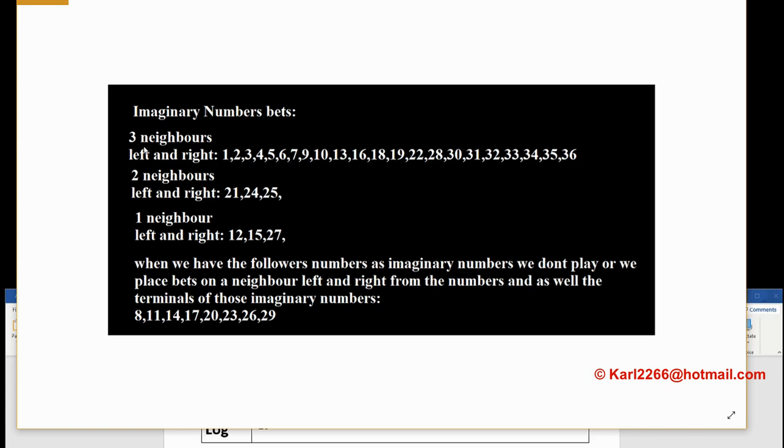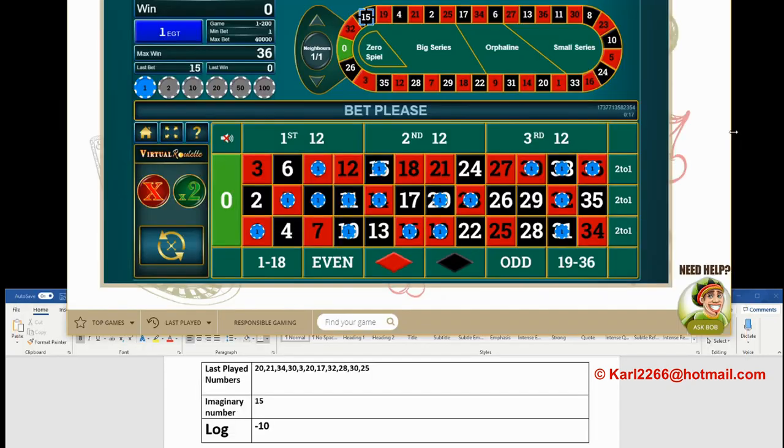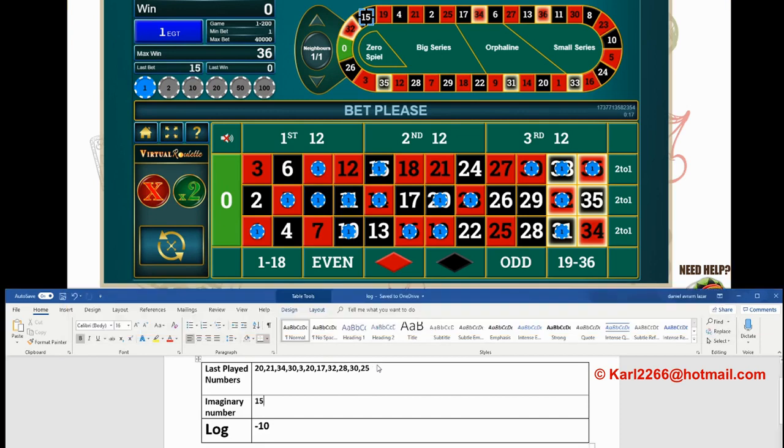So 3 neighbors left and right, you place bets from those numbers. Just 2 neighbors left and right from number 21, 24, and 25. And 1 neighbor left and right from 12, 15, and 27. And others you don't play. Okay? So after 25 we got a new winning number, which is number 1.